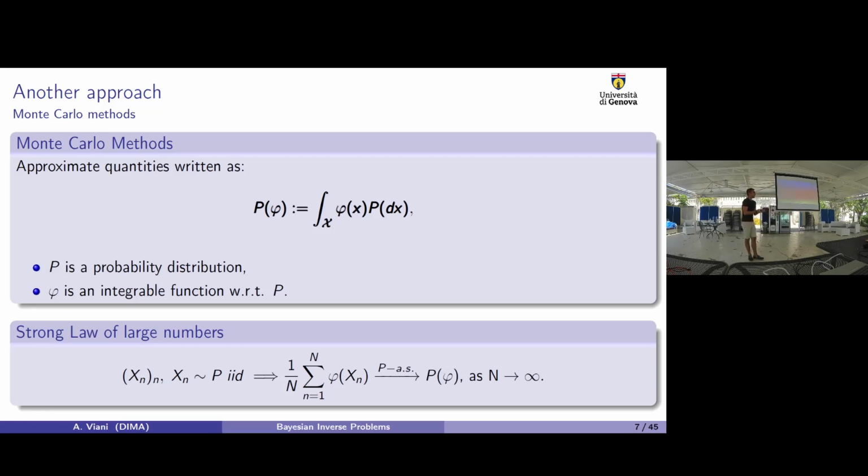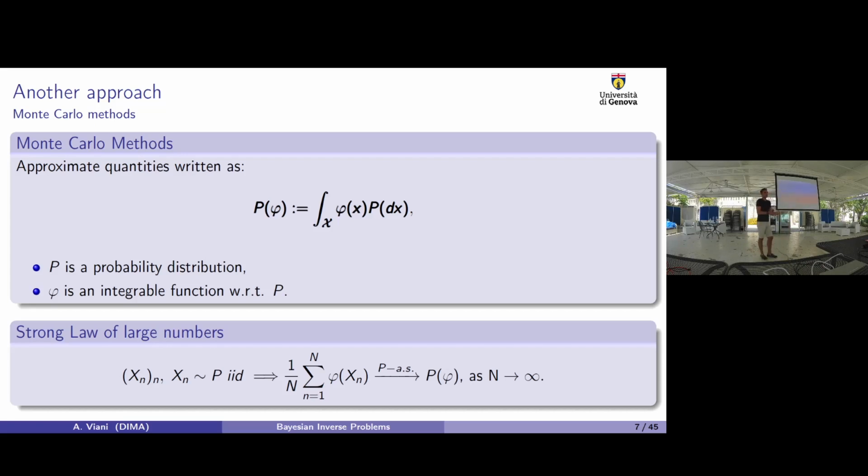So now the problem is just I sample xn a lot of times, then I have to be able to evaluate phi of something, but I'm supposed to be able to do it, and then I'm sure, thanks to the strong law of large numbers, that this sum converges almost surely with respect to p.